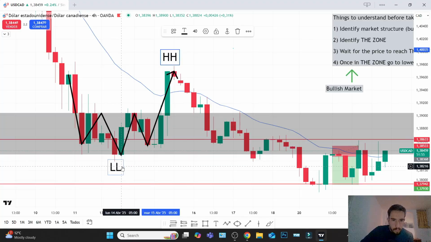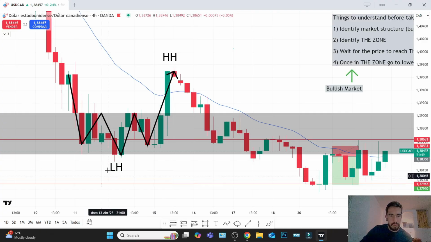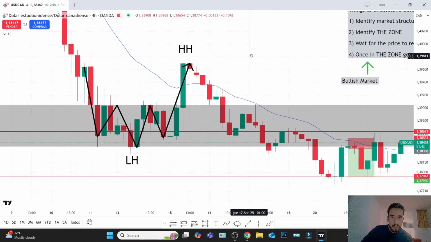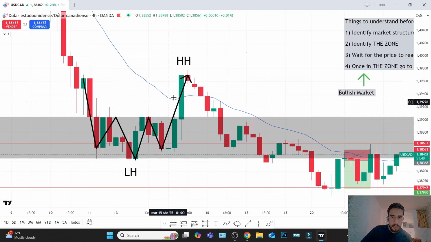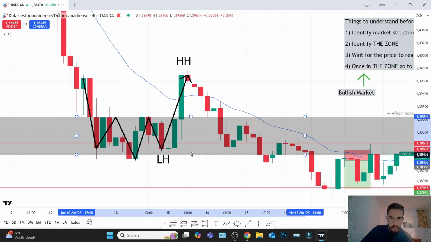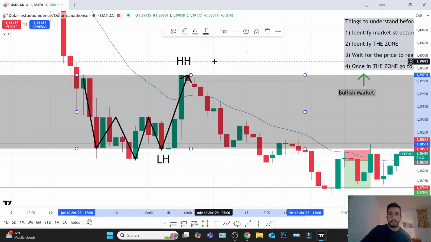Which means that this is not a lower low anymore, but a lower high, because we are going higher now. And where will the lower high be? In the previous red point, the previous lower point, which will be this one here. So we move the shade area, and now we move it here.